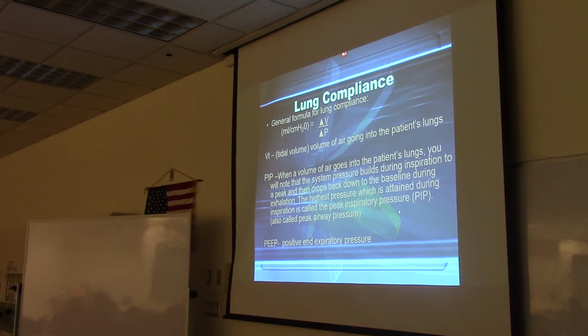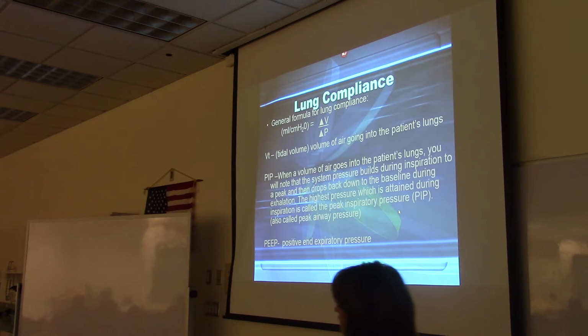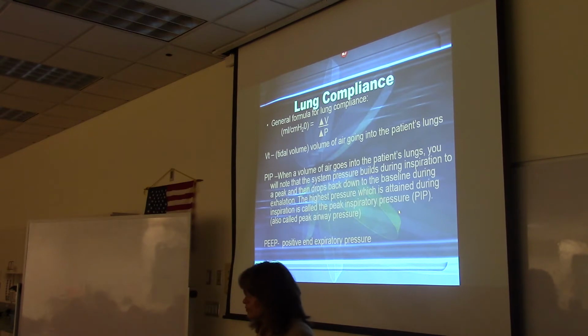The highest pressure attained during inspiration is called the peak inspiratory pressure, or the peak airway pressure. So PIP is peak inspiratory pressure, peak airway pressure, or if you want to refer to it as PIP, you can do that. What you cannot do is call it PEEP. All right, so PIP, you can't say PEEP.